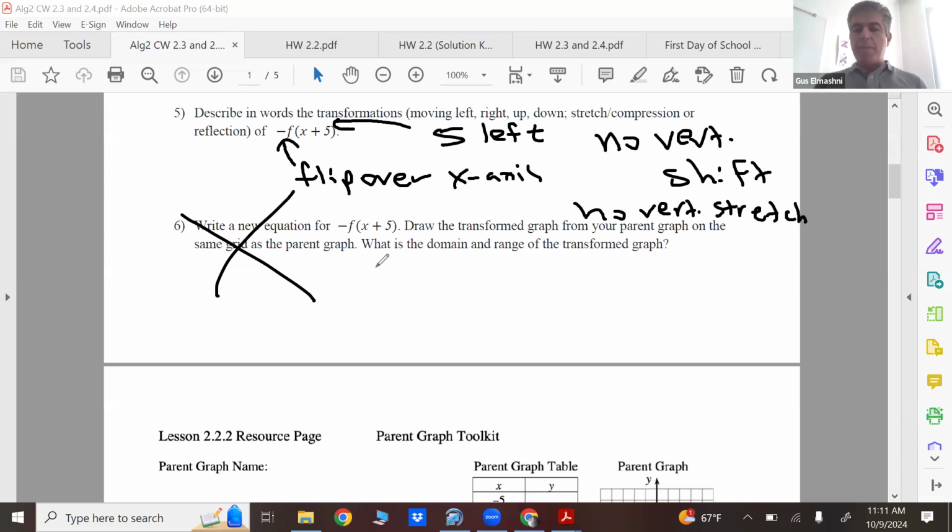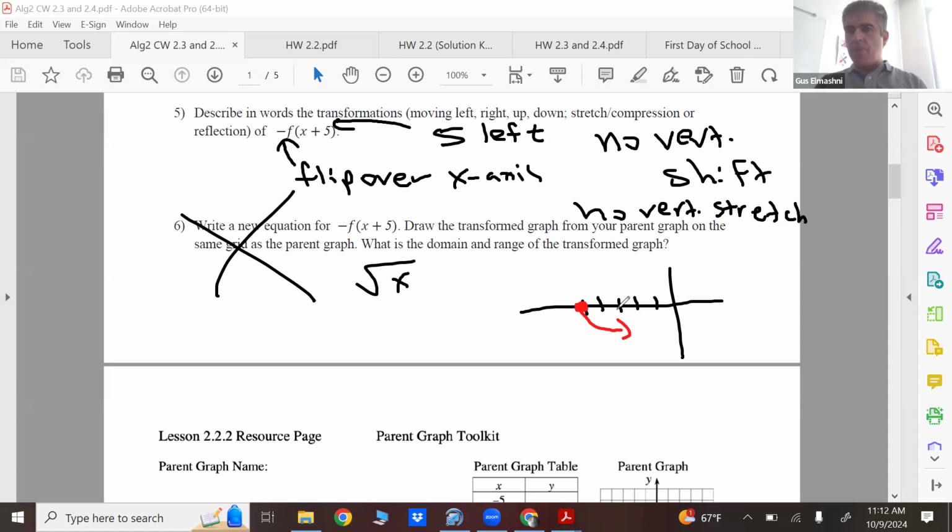So let me give you one example. Let's look at root x. If I go 5 left, we'll start here, right? And is it going to be like this, or is it going to be like this? It's like the second one, exactly, because you're going down.